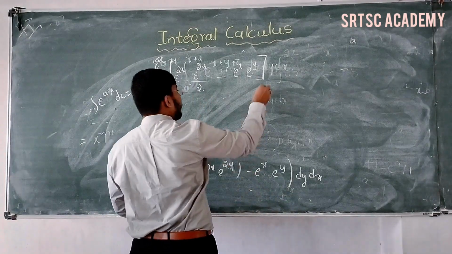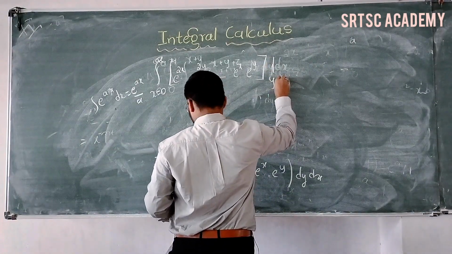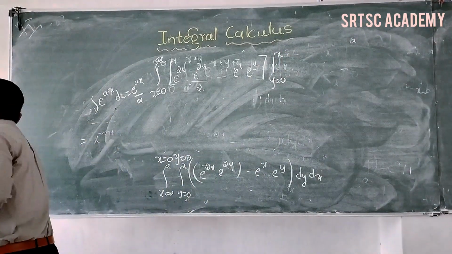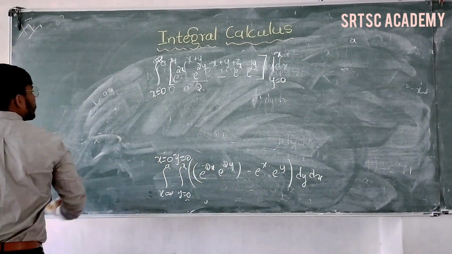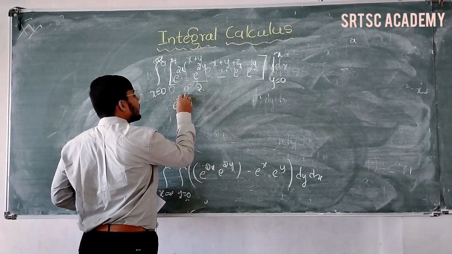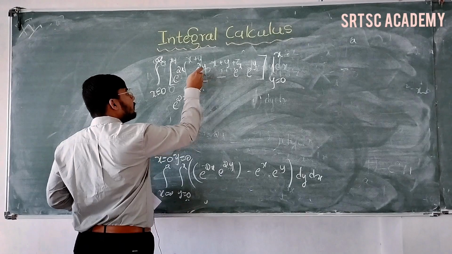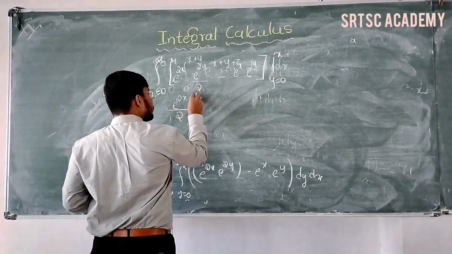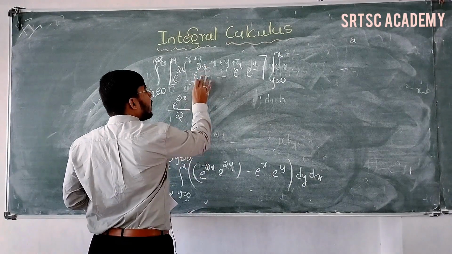We have the limit y varies from 0 to x. e to the power 2x, write as it is, and the coefficient of e to the power 2y is what? 1 by 2. Take it common. e to the power 2y. Apply the upper limit.